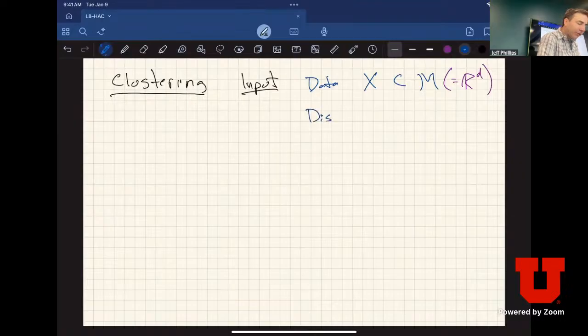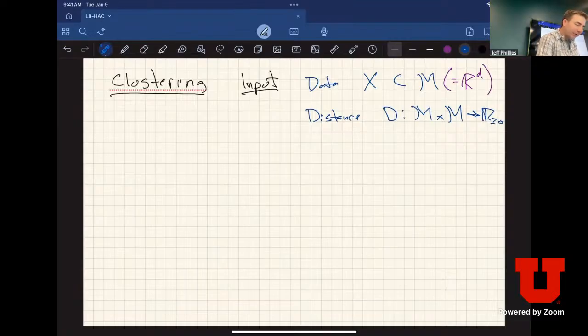We will assume as input a distance function, defined as a bivariate function, that takes in two elements of the space and produces a real value greater than or equal to 0.